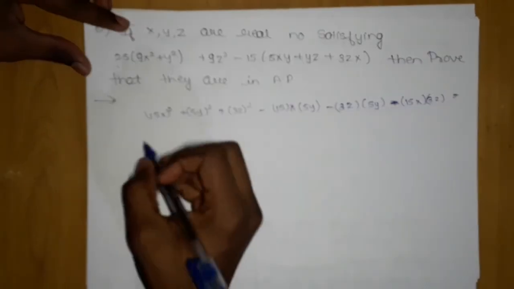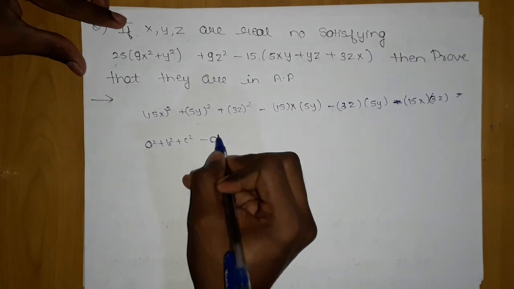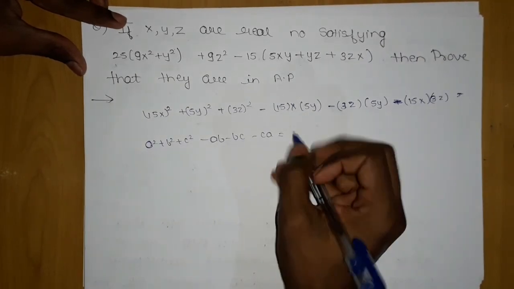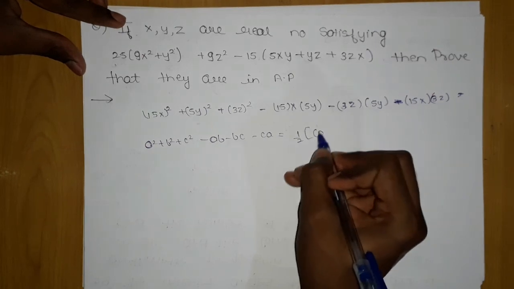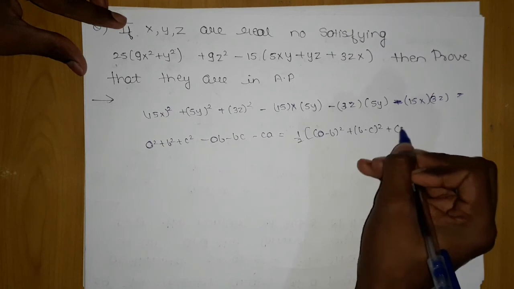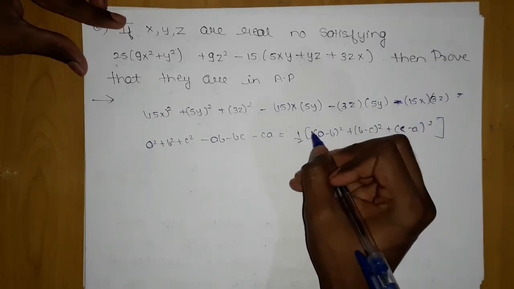What I get now, if you remember one formula: a square plus b square plus c square minus ab minus bc minus ca should be equal to what? It should be equal to 1 by 2 bracket (a minus b) the whole square plus (b minus c) the whole square plus (c minus a) the whole square. This is the thing it should be equal to.